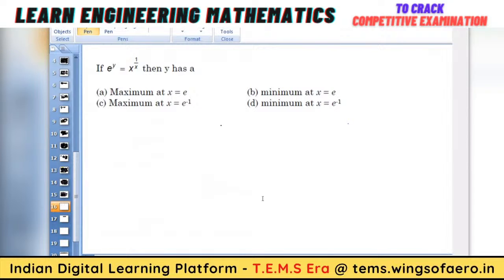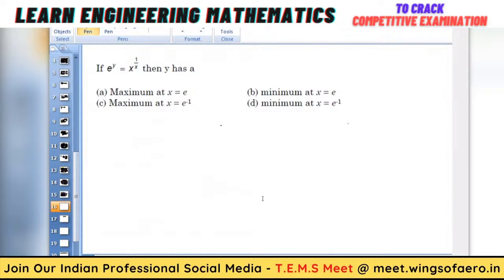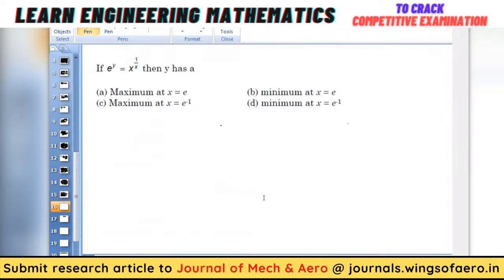Solve this one. e to the power y equal to x to the power 1 by x. Then y has what?